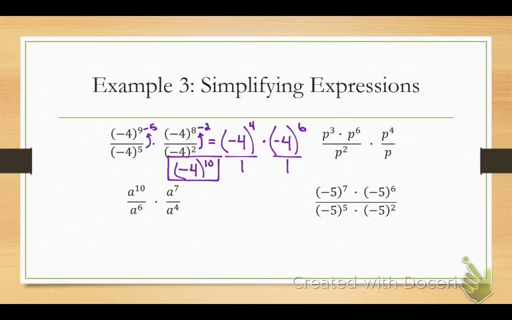Okay, I want you guys to try the A's. All right, I want y'all to try this one before I tell you what the answer is. All right, what did you guys do first? Did y'all simplify the fraction first? That's probably what I would do too. So a to the power of 10 over a to the power of 6. Let's see, Sebastian, what did you simplify that to?